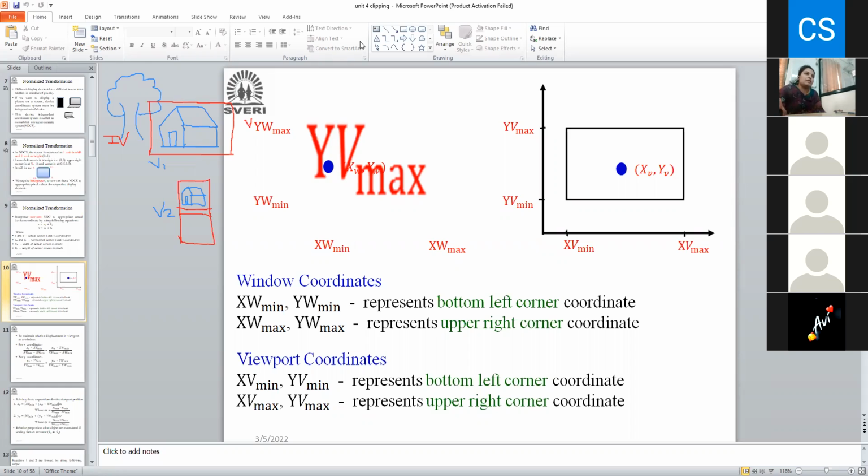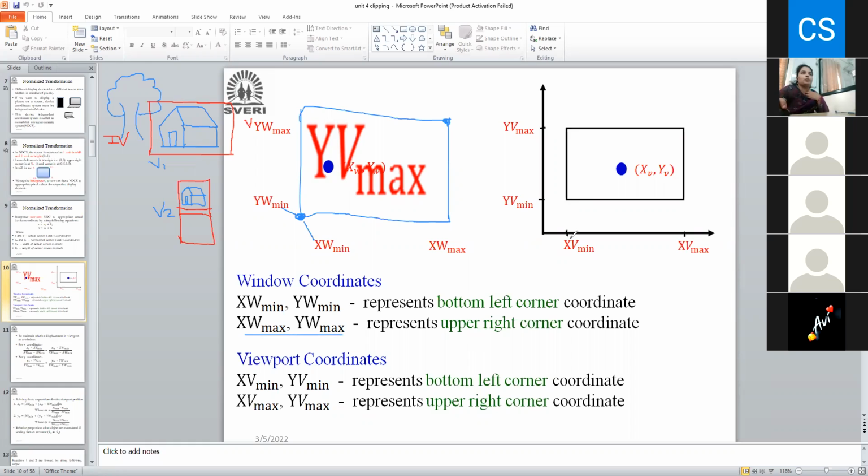If I want to represent the lower left corner of the window, the lower left coordinate has xw min, yw min as coordinates. So xw min, yw min represents the lower left corner, that is the bottom left corner. And the upper right corner is xw max, yw max.